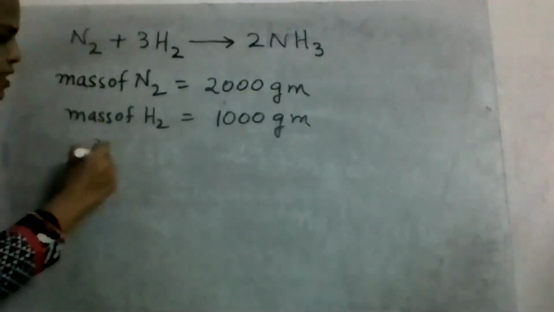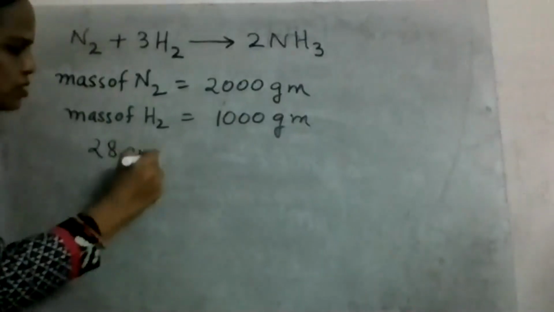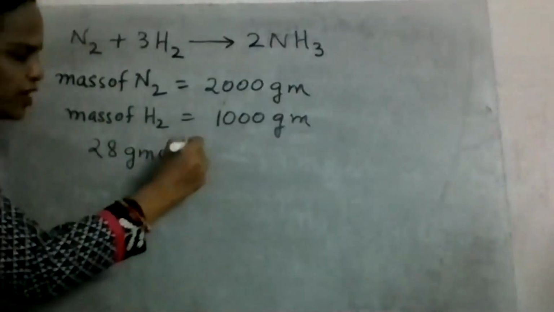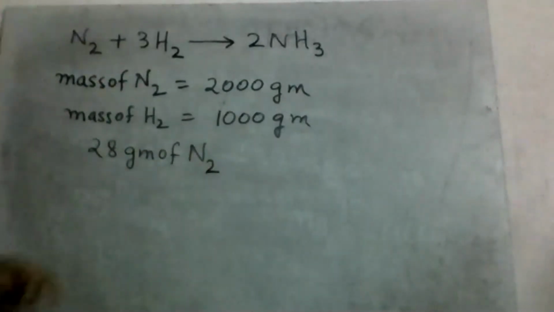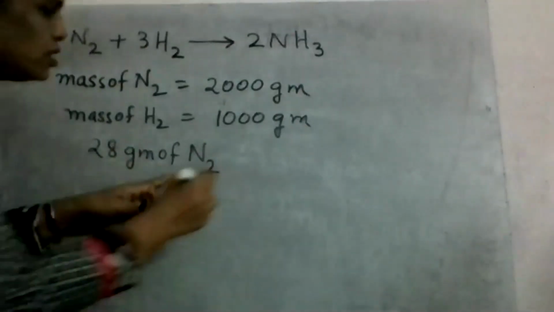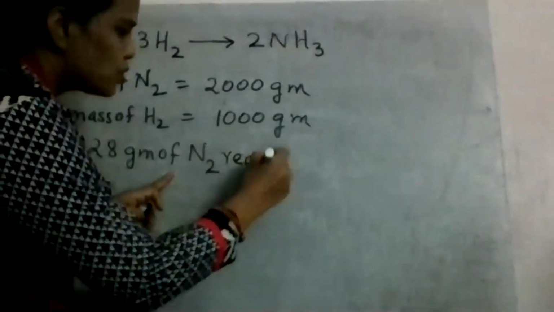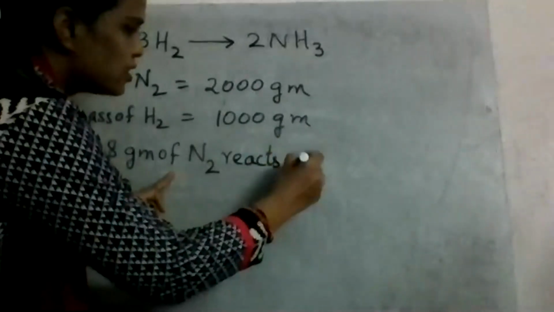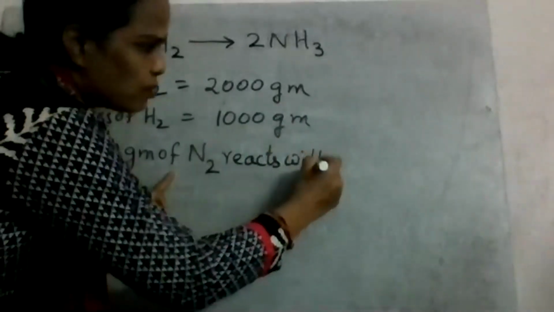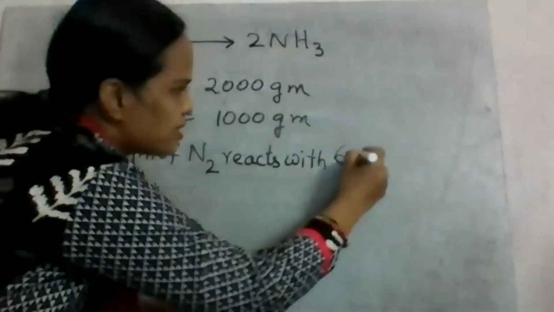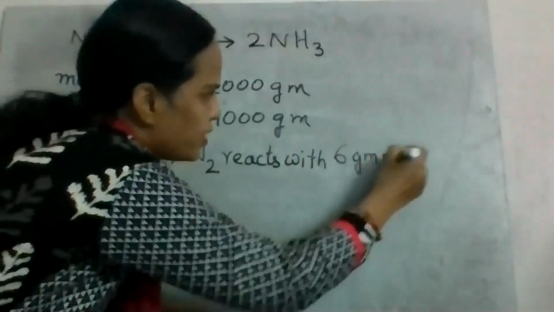That is 28 grams of nitrogen. First I'll be finding out the limiting reagent. 28 grams of nitrogen reacts with 6 grams of hydrogen.